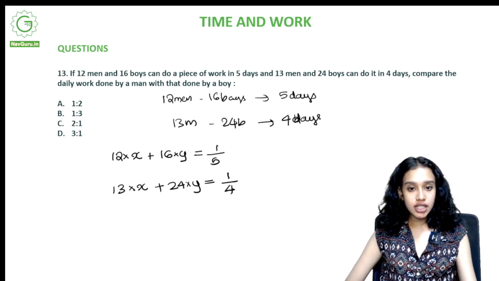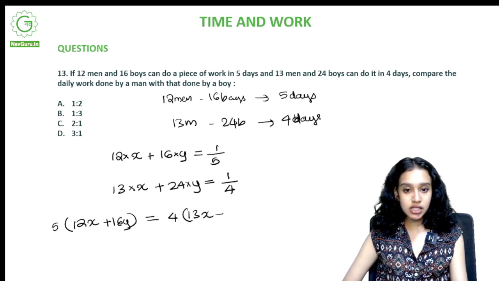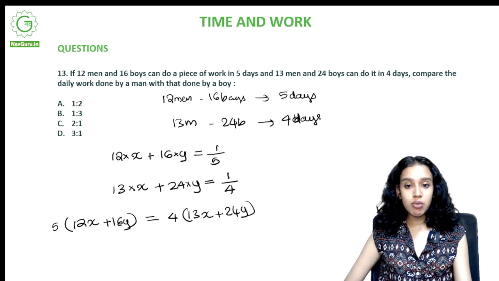So here we'll get 5 times 12x plus 16y is equal to 4 times 13x plus 24y. How did we get it? This is the amount of work done in 1 day, right? Now 12 into 5.